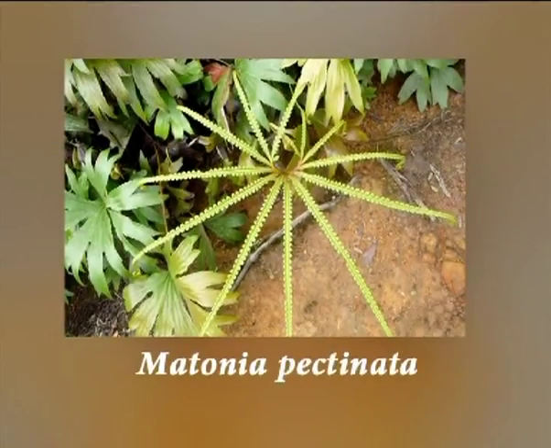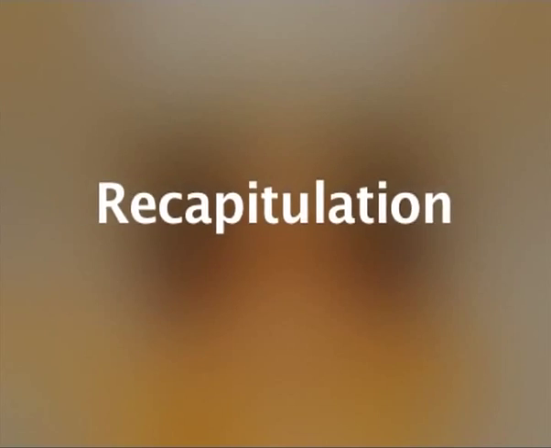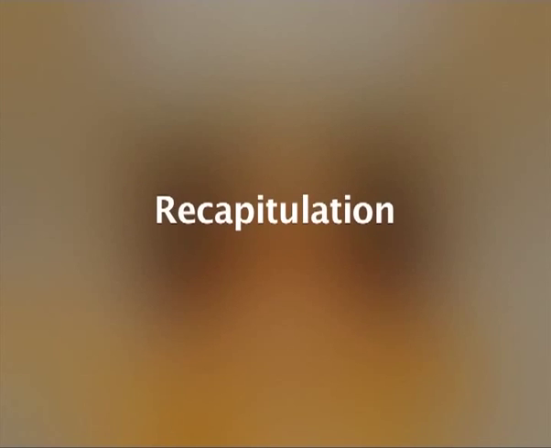This is borne out by the fact that in Matonia pectinata, there is a regular transition from protostelic condition to solenostele and then to polycyclic condition. This developmental phenomenon is termed recapitulation. Occurrence of such a developmental phenomenon lends further support to Jeffrey's view that protostele is a primitive condition.